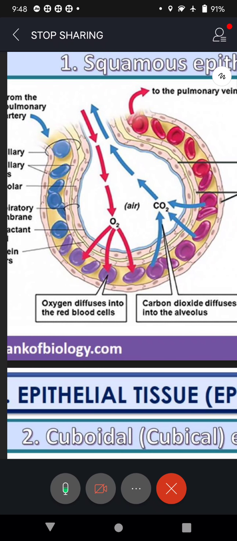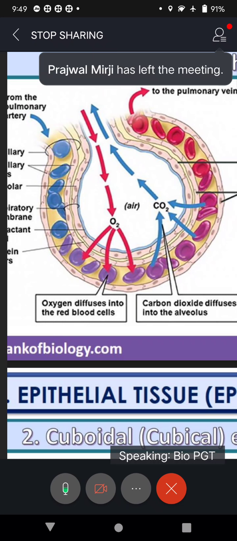And once the oxygen gets inside, gets into the red blood cells, that blood, which is until then impure blood, becomes pure blood. Okay, purified blood. Why it becomes purified? Technically speaking, in RBC there is a pigment, red colored pigment called hemoglobin.